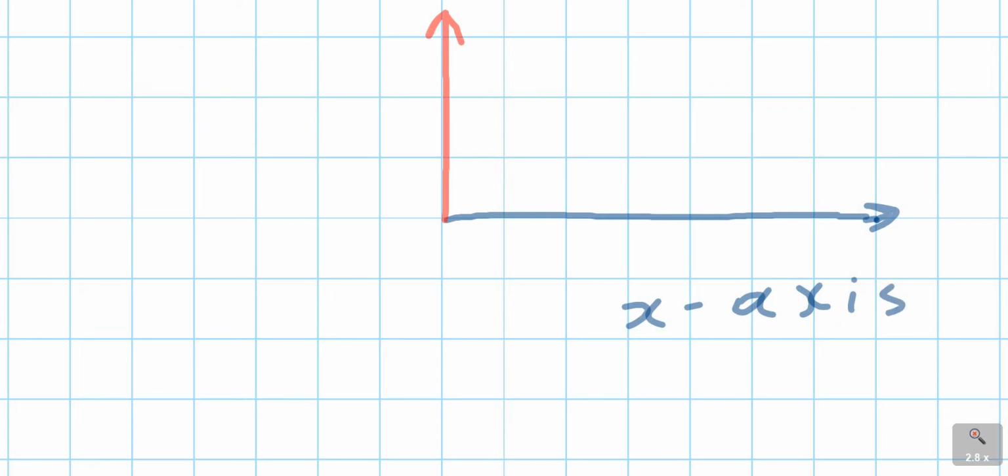And the vertical one that is in red is what we call the y-axis. And so this is what a part of the Cartesian plane looks like.